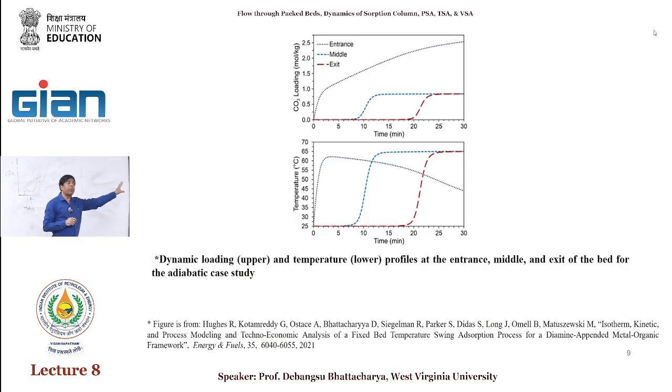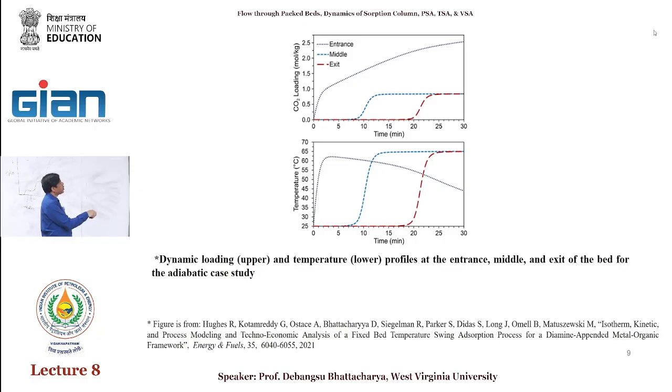This has a very high heat of adsorption, about 65 kilojoules per mole. See what happens. If you look at the loading with respect to time, at the entrance it goes up very quickly first, and then slowly goes up.